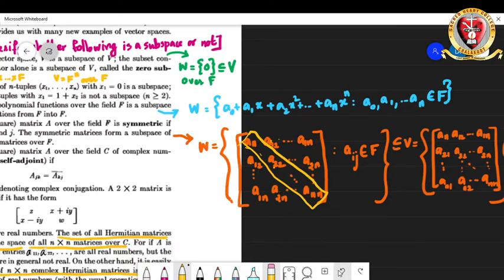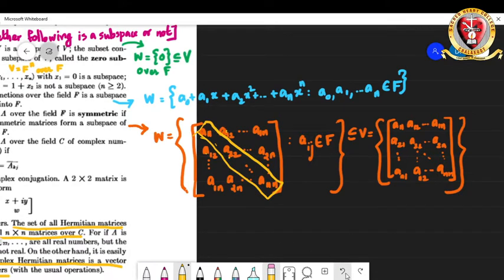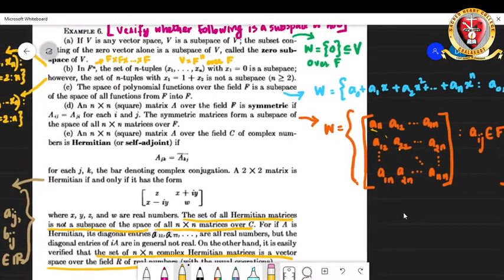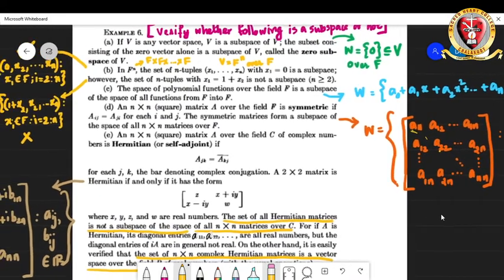So that is how a symmetric matrix looks like. We are saying that the set of all such matrices form a subspace of the set of all n by n matrices over F. You can verify it rigorously. It is very simple. You have to verify all the three properties. If you have two symmetric matrices, add them.